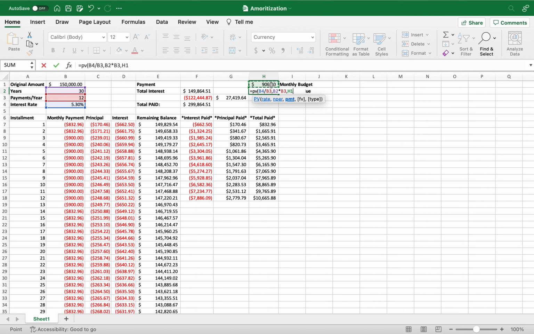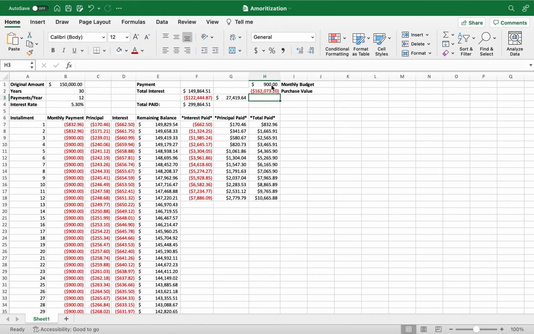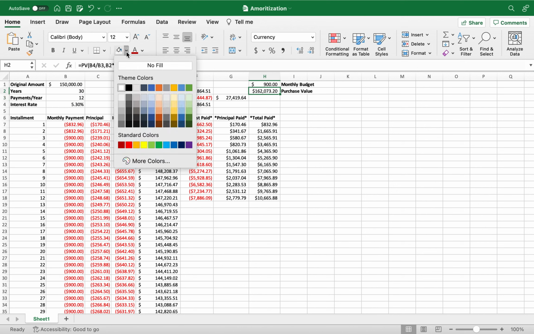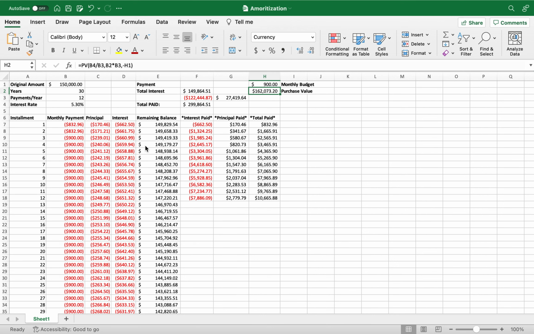So there's our payment right here. Now we close that out. Now we have a negative number. We can either put a negative up here, or we could make this monthly budget number negative so that we have a positive number and it looks a little bit cleaner. All right, so now we know that with a $900 budget, we can afford $162,000.